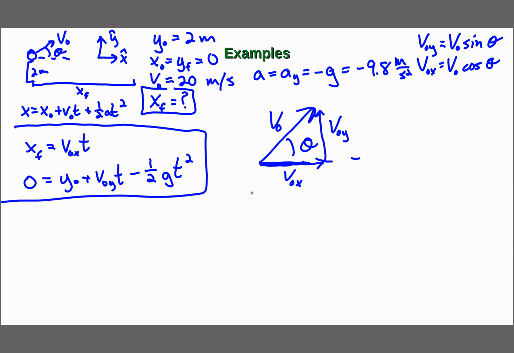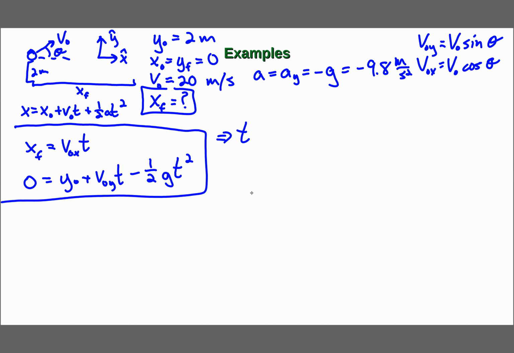Cosine for the one that's next to the angle, sine for the one that's across from the angle. So that tells us that we can rewrite t as equal to xf over v naught cosine theta.